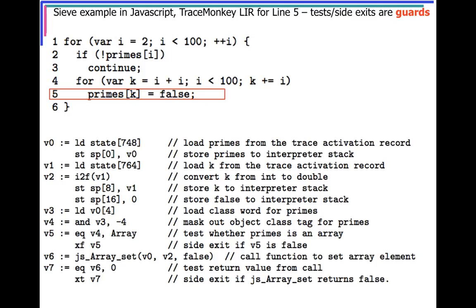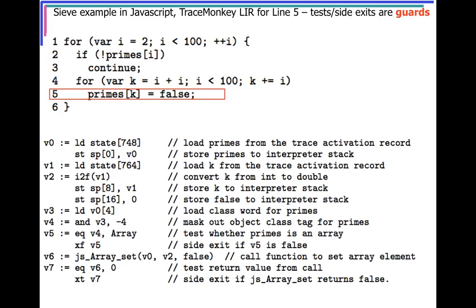Just to give you an example, they have some JavaScript which implements the algorithm for the sieve of Eratosthenes. Sorry, I can't say that word very well. This is just a snippet of finding primes, computing primes for the first 100 values from 2 forward. When the inner loop becomes hot, that is, it's traversed more than once, the LIR down at the bottom is produced.